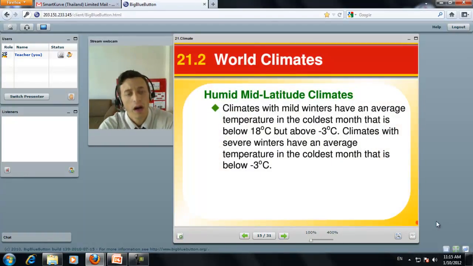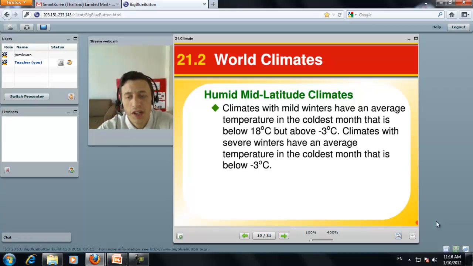Moving on, as we move away from the equator, remember from our world map on slide 3, we saw the tropical areas near the equator. Outside of that, we have our temperate areas. These mid-latitude climates are areas with mild winters.